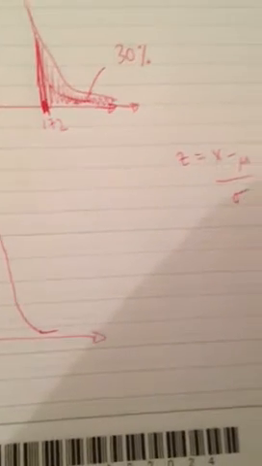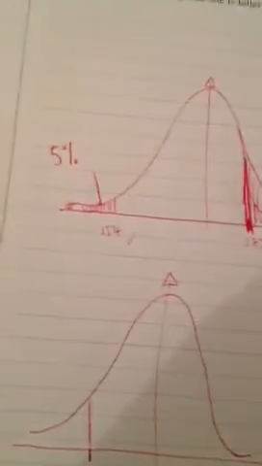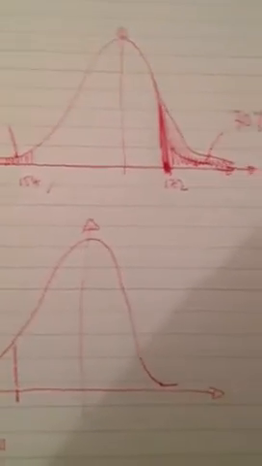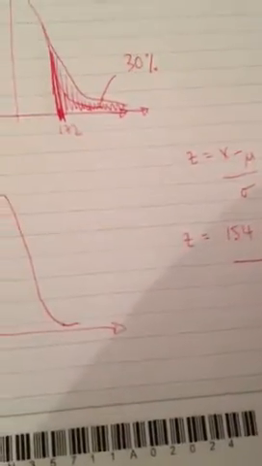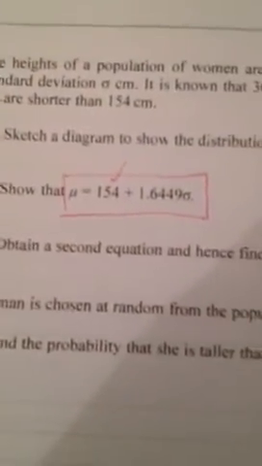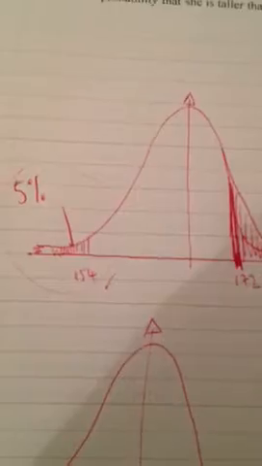So I do Z equals x minus the mean divided by the standard deviation. So Z, which I'm going to have to look up, is x, which is 154, minus the mean divided by the standard deviation. Now, I know that at this point 5% are to the left.